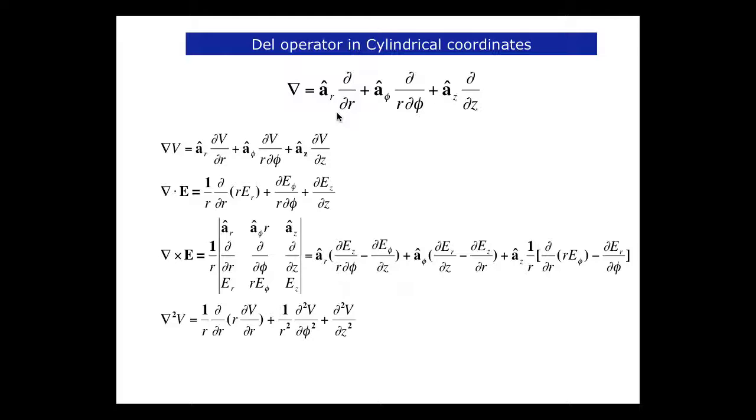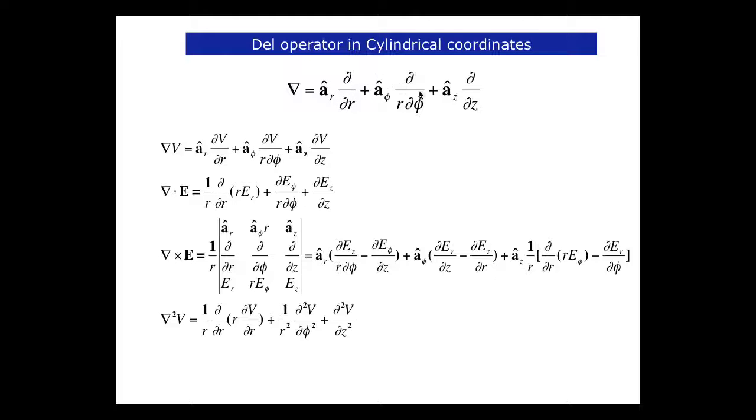Here is just an example of applications of the del and Laplacian operators to scalar and vector functions in cylindrical coordinates. Note that they are expressed in terms of partial derivatives in respect to cylindrical variables r, p and z and the unit coordinate vectors corresponding to those coordinates.